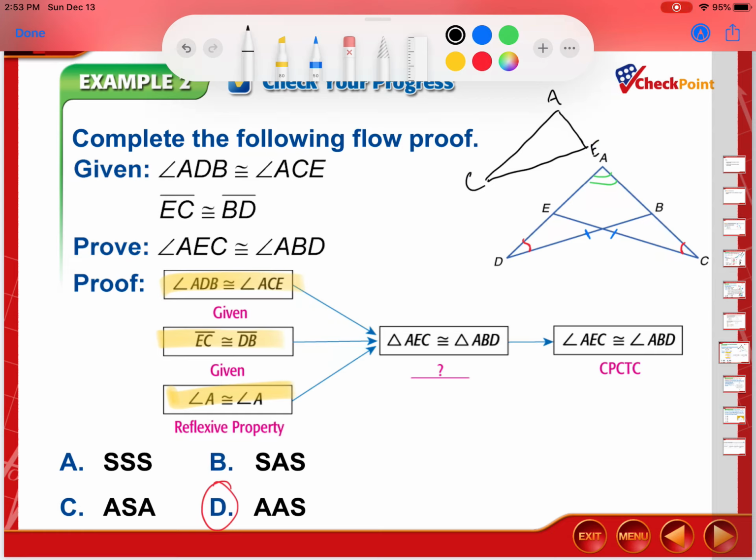So this is going to be my triangle AEC. Now I'm going to relabel those parts. Angle A remains the same. Angle C would be my red congruent. And then side EC is going to be that blue line that's the same.